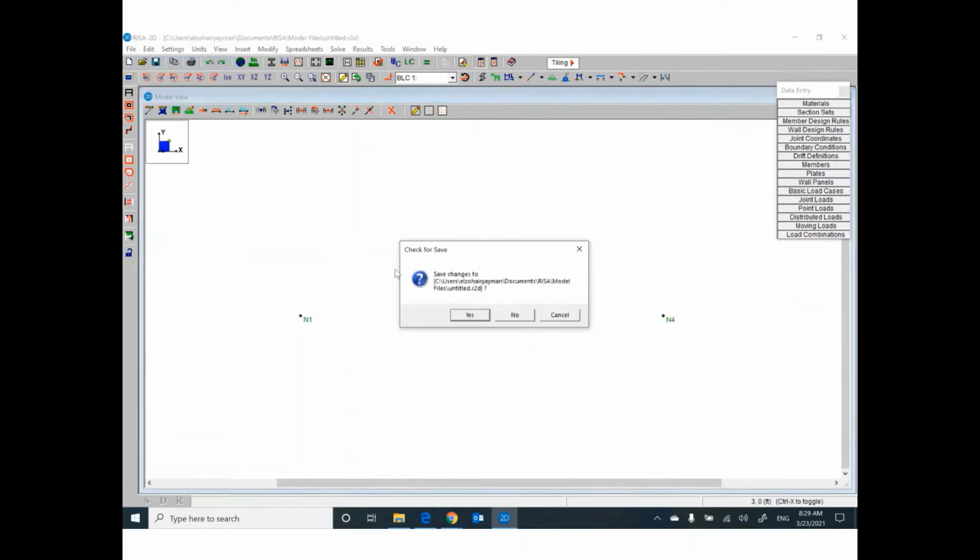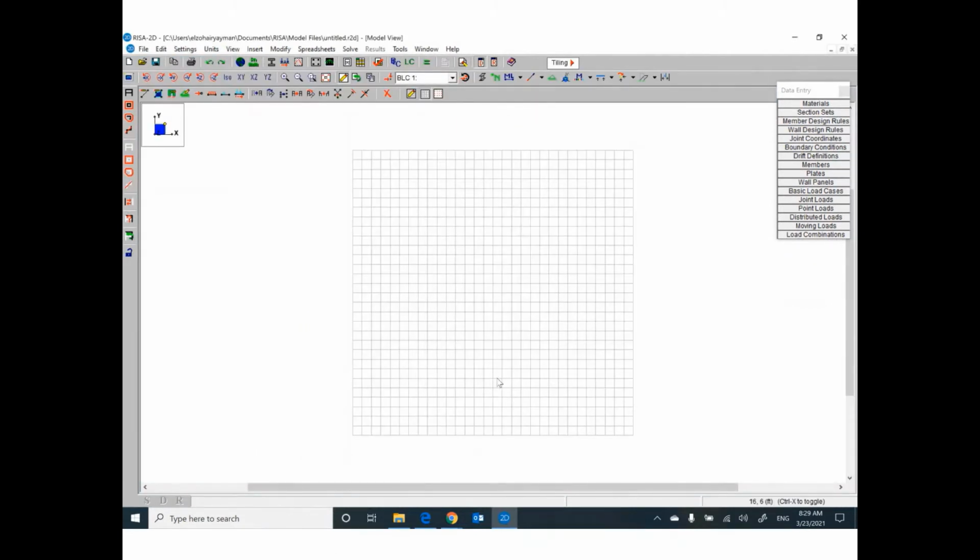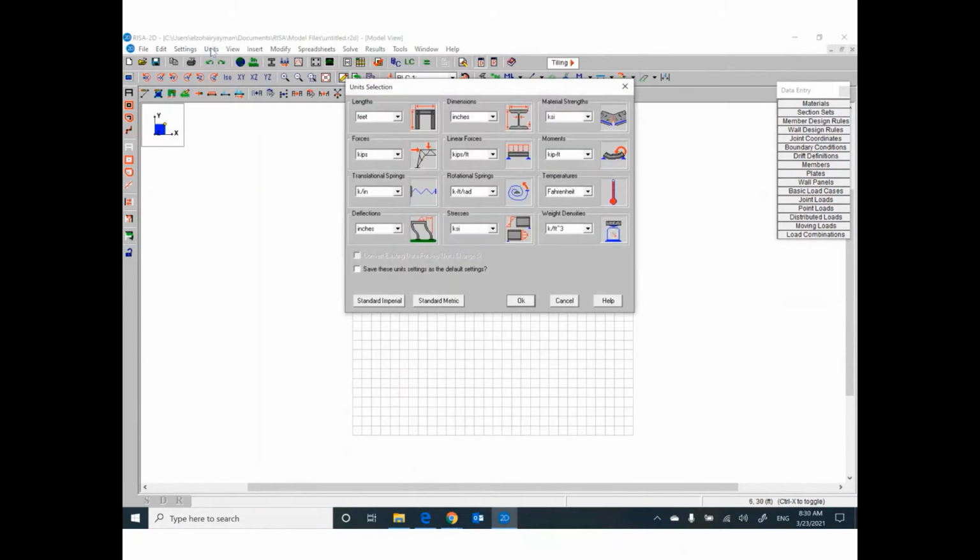So before doing anything, you must go to units and use standard metric, to make sure your length will be in meter and your force will be in kilonewton. You have to do this before doing any single action.